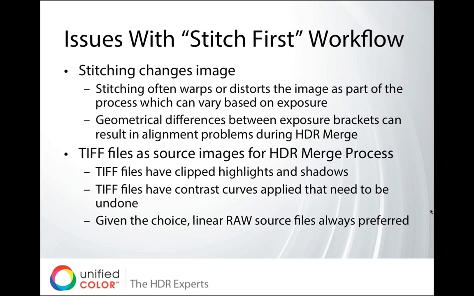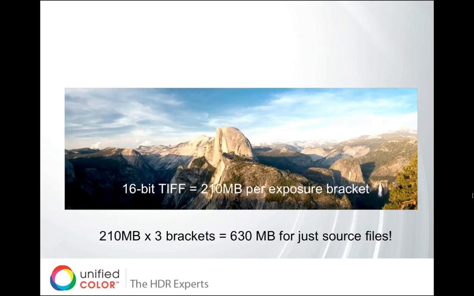But the biggest disadvantage of the Stitch First workflow was huge file sizes. And let me just go into this a little bit. This particular example, I took this photograph a while back. This was taken with a Nikon D300, so it was a 12 megapixel camera.